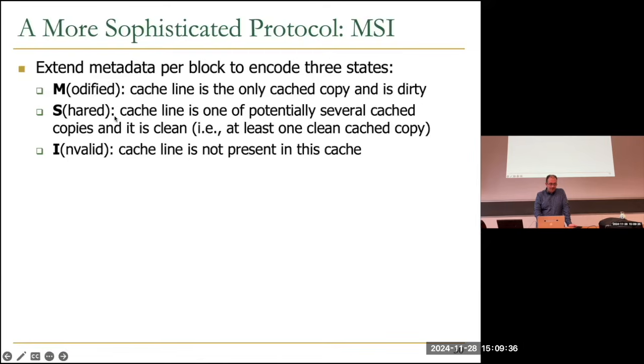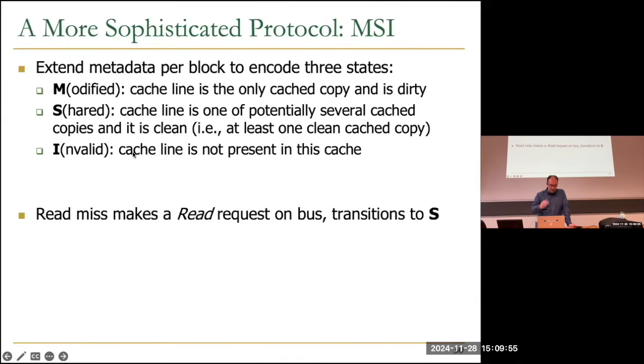And also it's clean. These are 2 keywords here. When you are in a shared state, your cache line is potentially shared, and also it is clean. Not potentially clean, definitely clean, because if it's not clean, you need to be in the modified state. And invalid state means the cache line is not present in this cache.